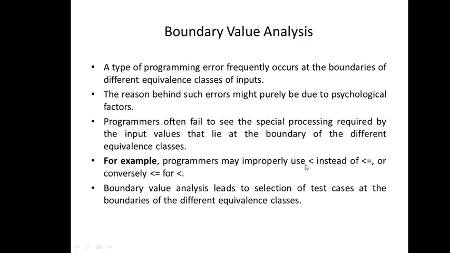Instead of less than, mistakenly I can type less than or equal to, or I was supposed to type less than or equal to and mistakenly type less than. These are human or typographical errors. Similarly, greater than could be greater than or equal to, or greater than or equal to can be written as greater than. These commonly made mistakes occur at the boundaries, and normally it happens, right?